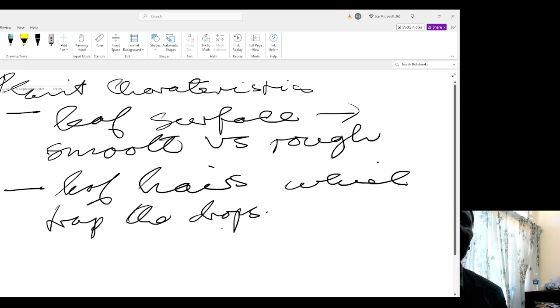But these droplets may not be in contact with the plant, and therefore the droplets may be lost.